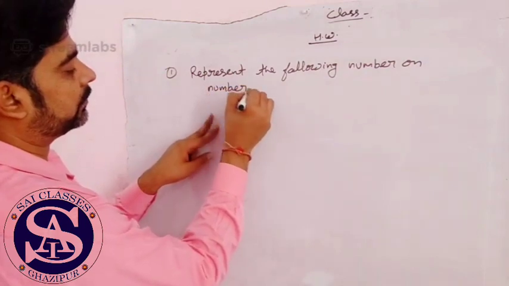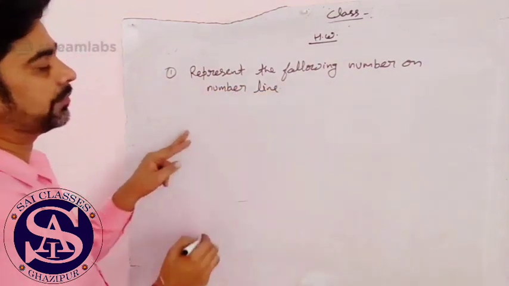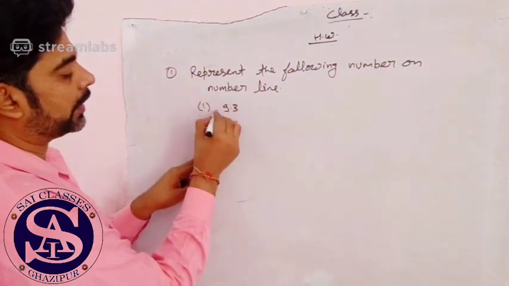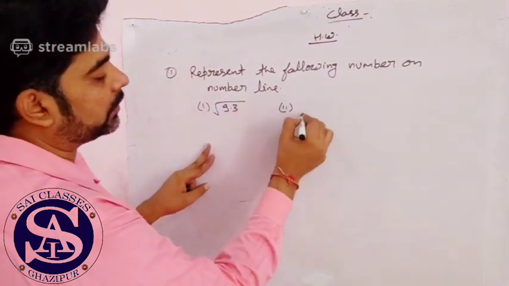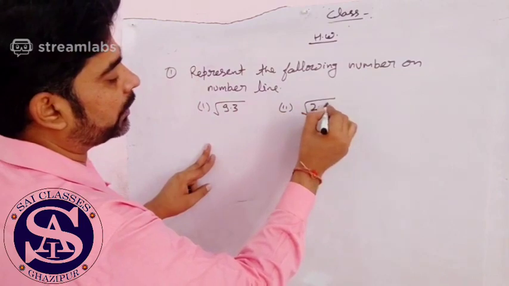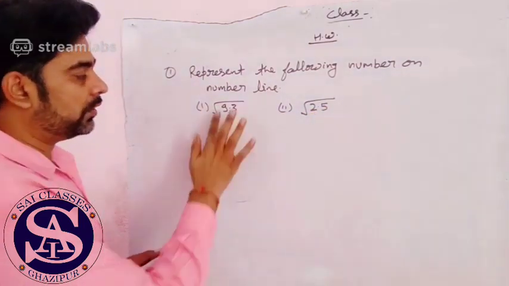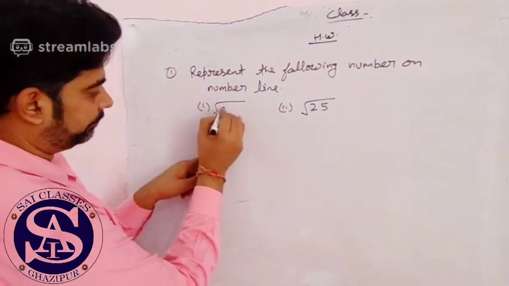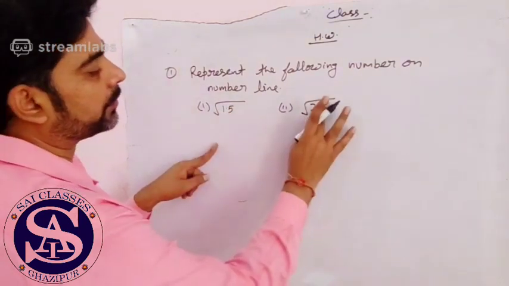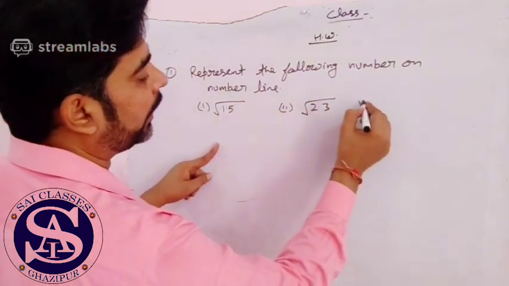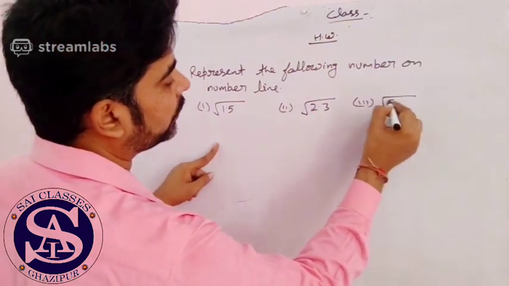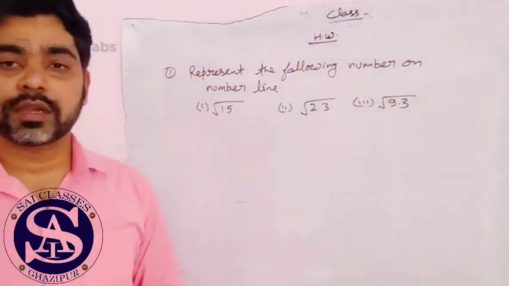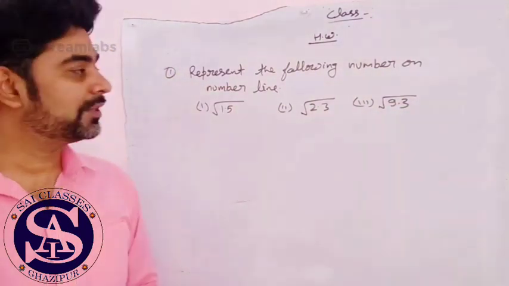Let's say you can represent square root 9.3, square root 2.5. First of all, you will represent square root 1.5, 2.3, and then square root 9.3 on the number line. I hope you can do this in a very easy way, right? Please note down this question.